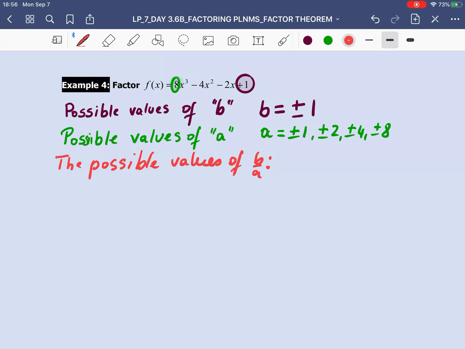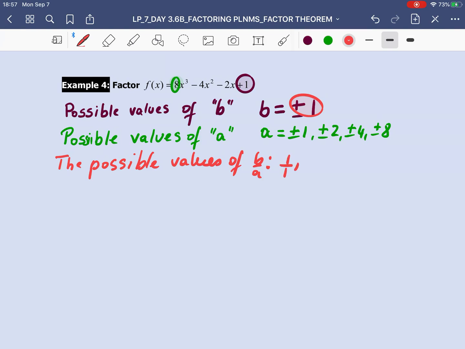But remember that once you find the first factor, it's very easy afterwards, because you divide and you get a quadratic, which you can factor without having to use the factor theorem. So the way we do this is we take first one of the values of b, plus 1, and then we combine it with each and every value of a.